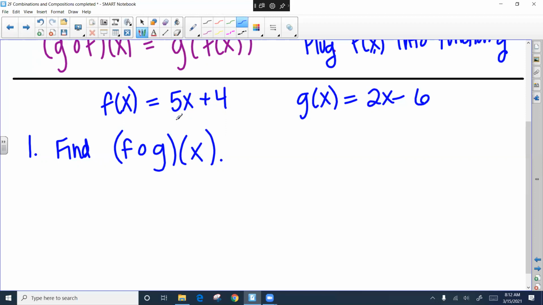I'm going to come around and help if you're not sure what this means. If you are not sure what this means, go ahead and write, at least write down these two functions at the top of your desk so I can kind of help you out.